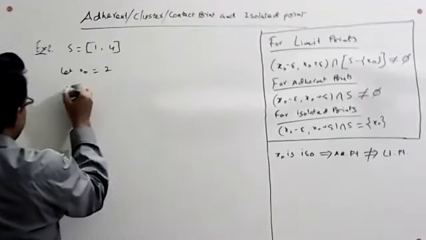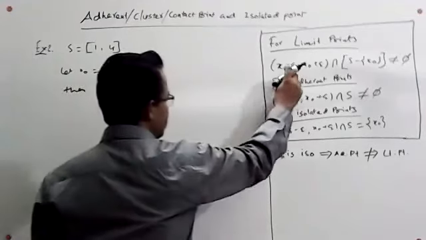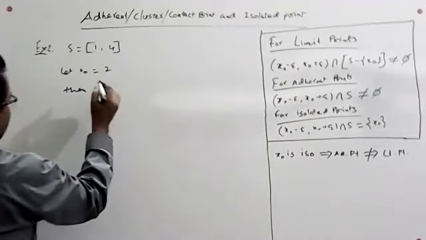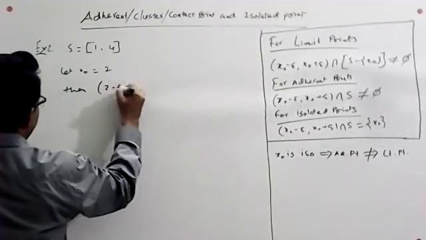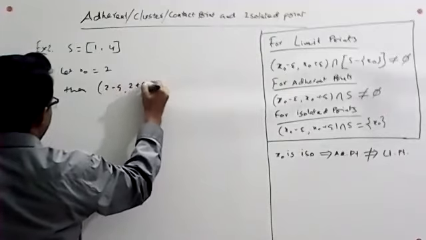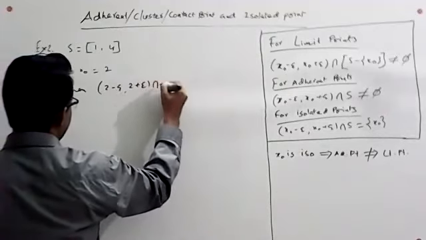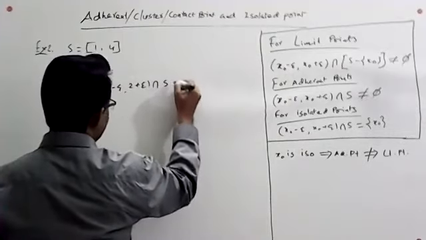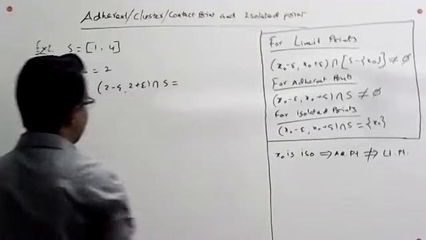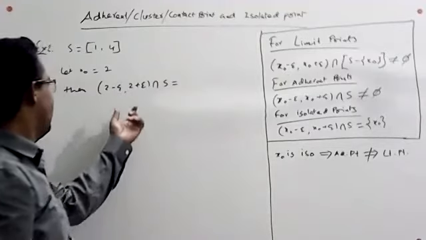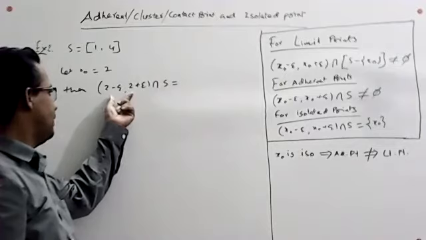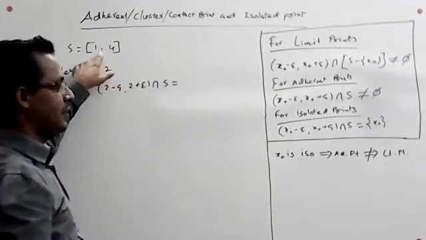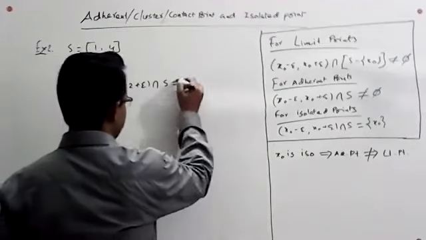Then we check the neighborhood: 2 minus epsilon, 2 plus epsilon. If we intersect with S, we get a non-empty set. Actually, this interval contains infinitely many points of this set, so it is a non-empty set.